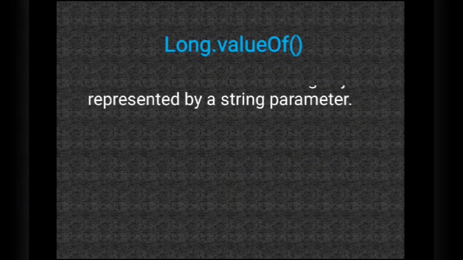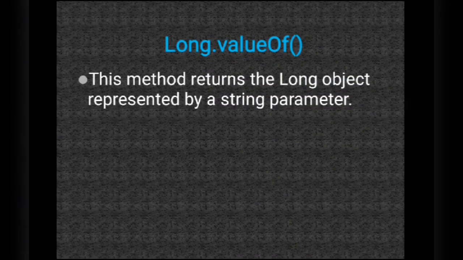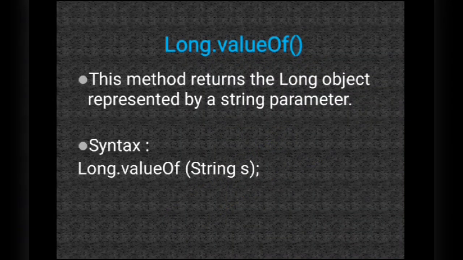The last function we have is Long.valueOf. This function will return the Long object represented by the string parameter. Here is the syntax: Long.valueOf, in brackets you have to pass the string argument. Let's take the example for it.